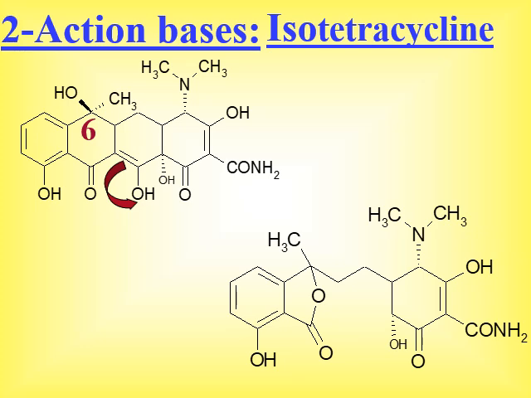The reaction will take place between the hydroxylic group at carbon 6 and the ketone group at position number 11, forming a lactone product. This structure is known as isotetracycline and it is an inactive compound. So in bases, lactonization takes place, forming isotetracycline, which is an inactive compound.